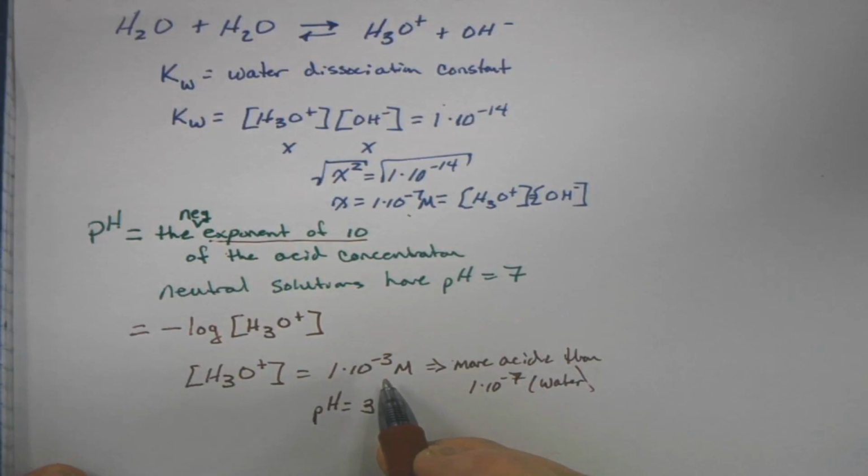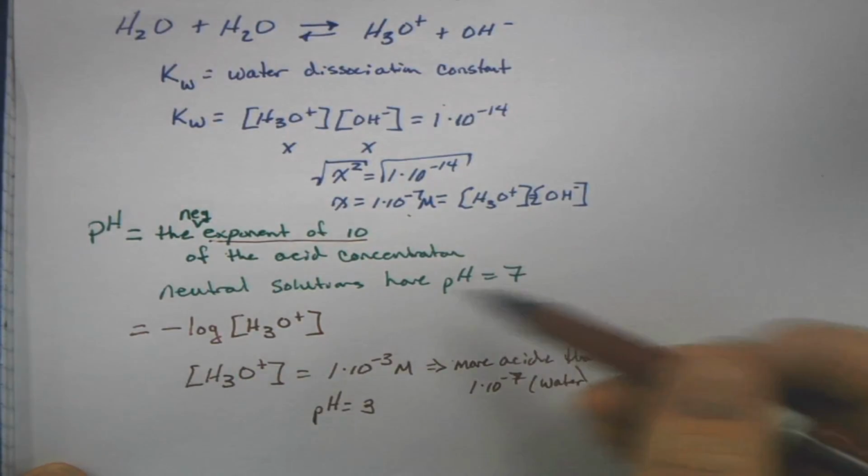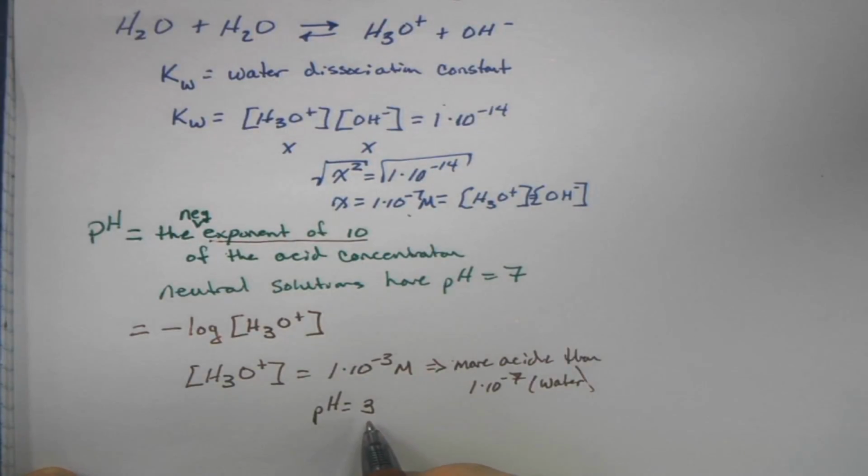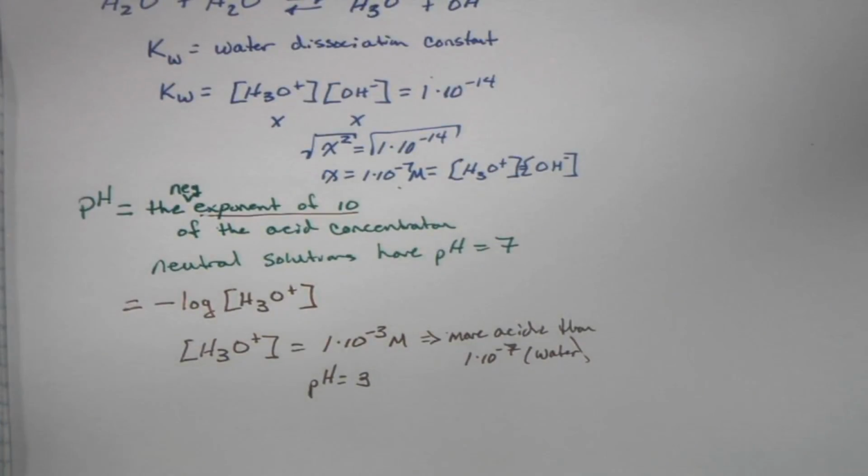So what does this tell us about our trend in pH? That if neutral is 7, then something with a pH of 3, is it going to be acidic or alkali? It's going to be acidic. So things with a pH less than 7 are going to be acidic, and that establishes our scale.